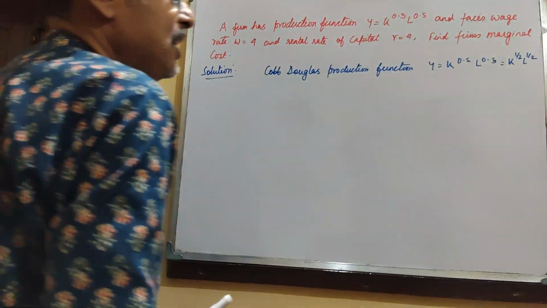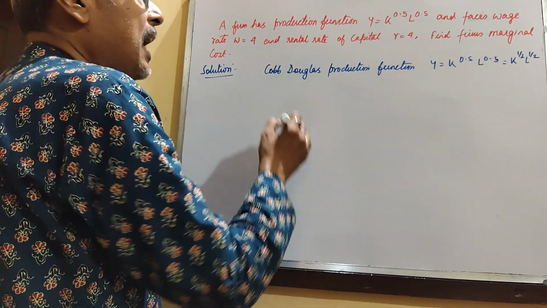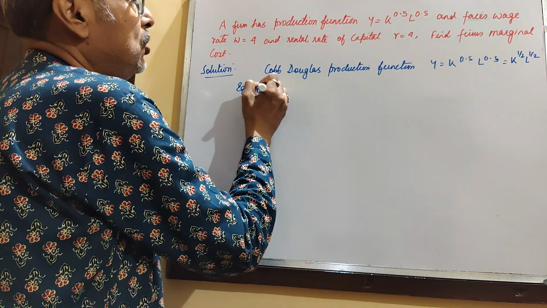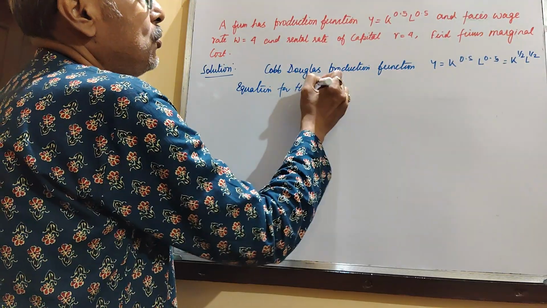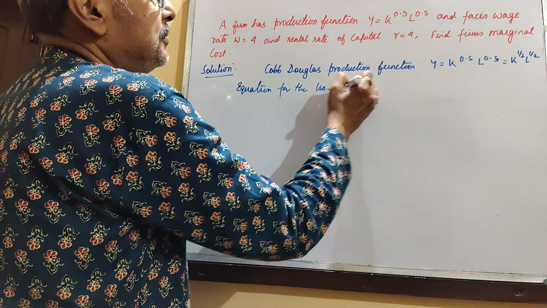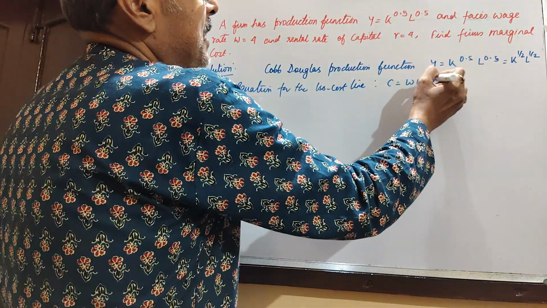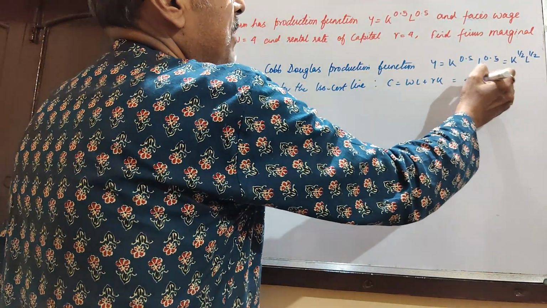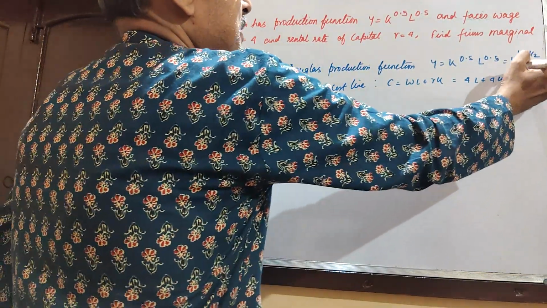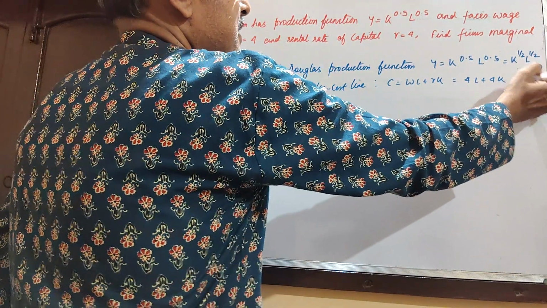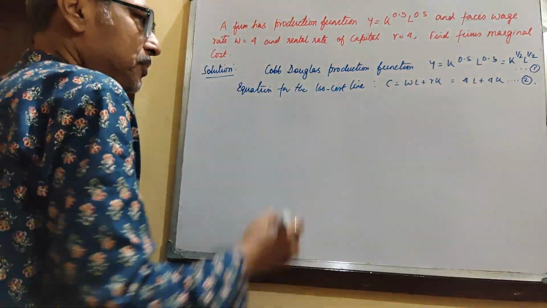Now I am writing the equation for the iso cost line, that is C equals WL plus RK, that is 4L plus 4K. The production function is equation number 1, this is equation number 2.